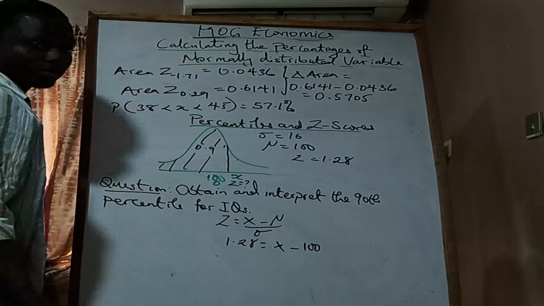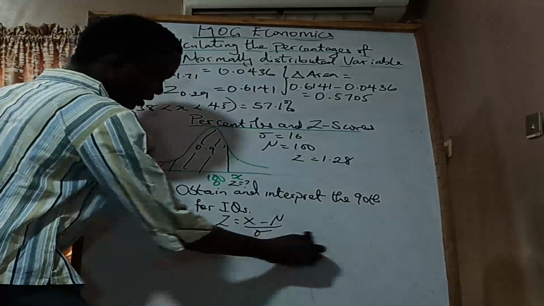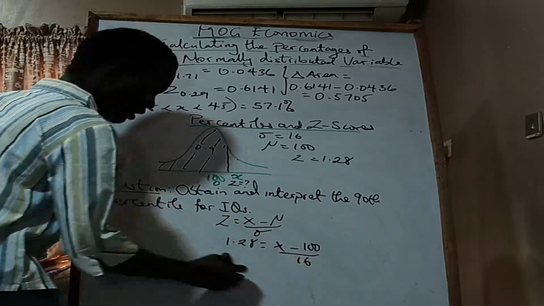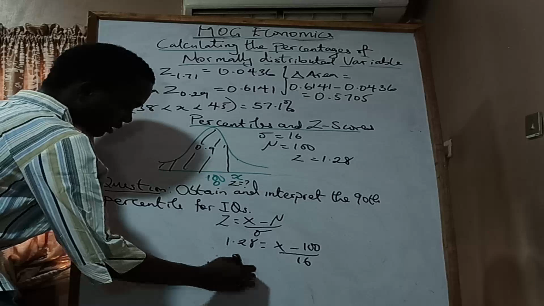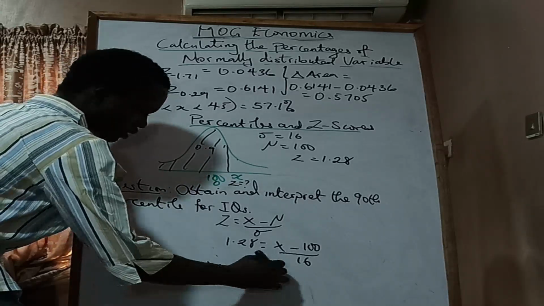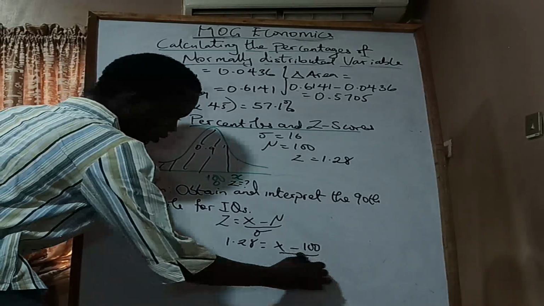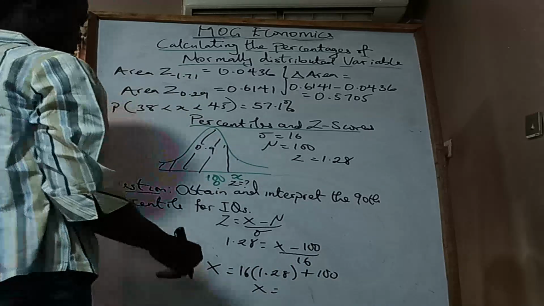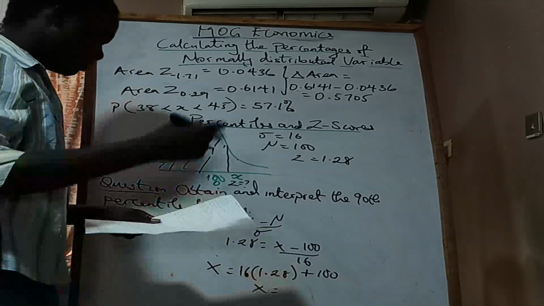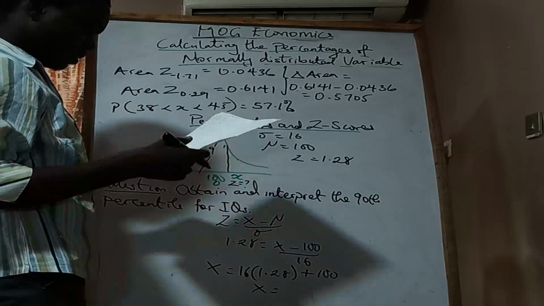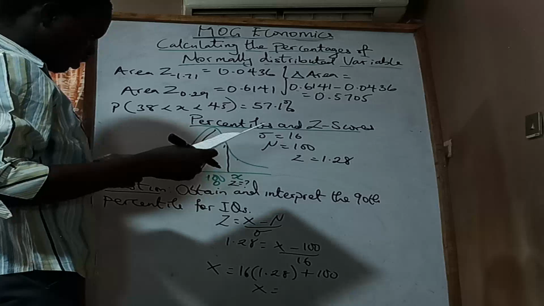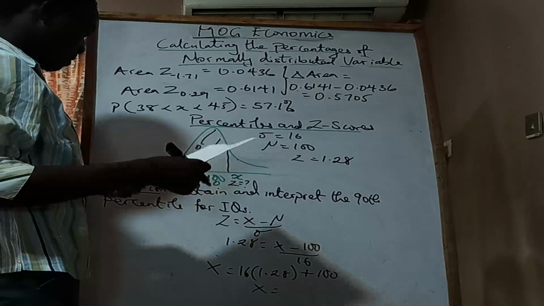That's where we should solve it, right? x minus 100, then divided by the standard deviation of 16. So x equals 16 multiplied by 1.28, then plus 100. 16 times 1.28 is 20.48.